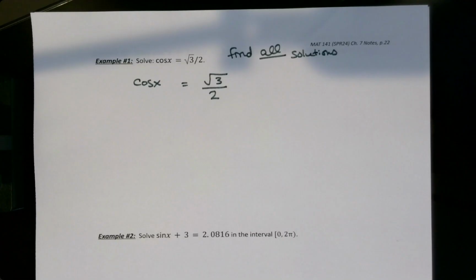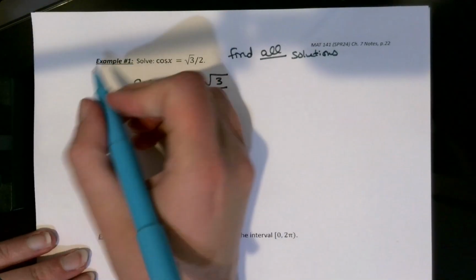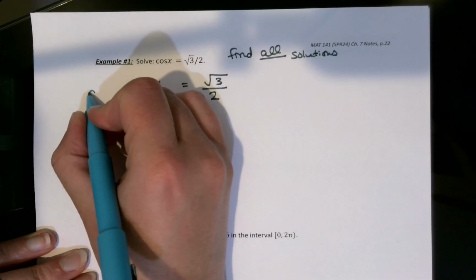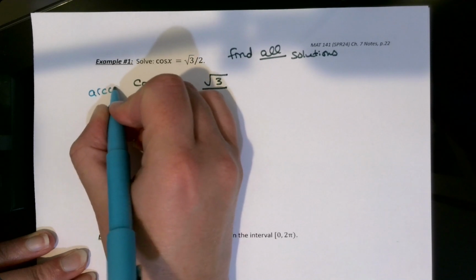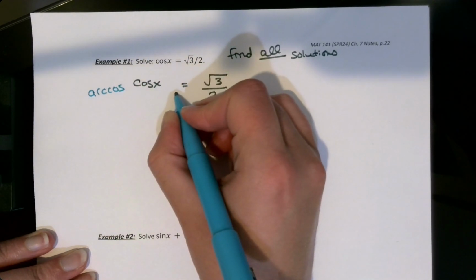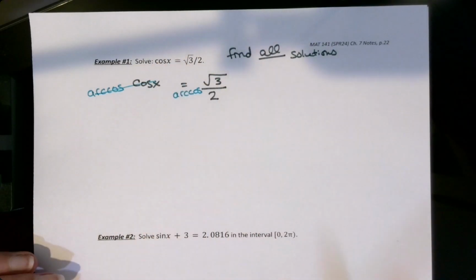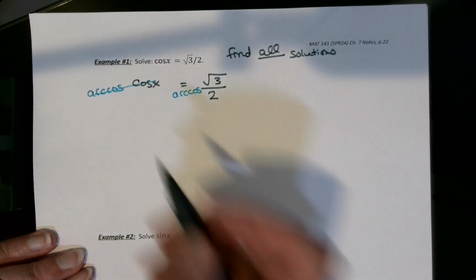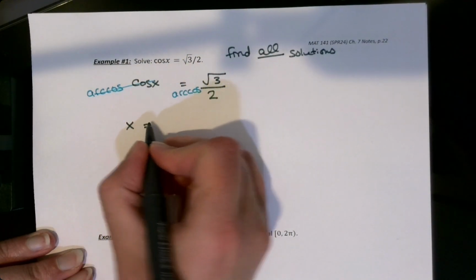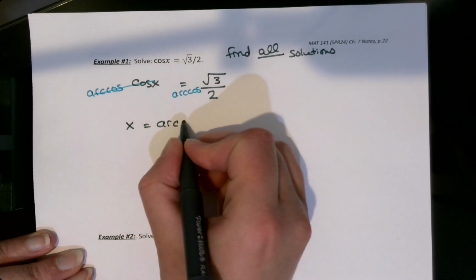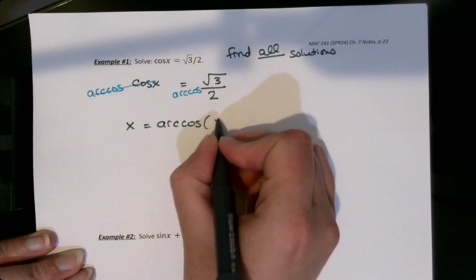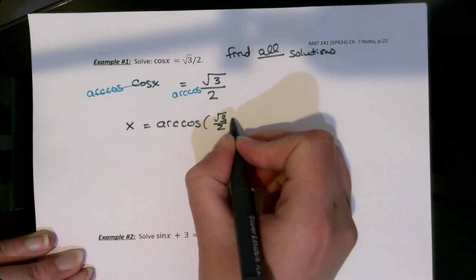There's no x later on in any other portion. So we're ready actually to use the inverse function, the arc cosine function, of both sides here. And that's going to eliminate the cosine function and give us that x is equal to the arc cosine of the square root of 3 over 2.